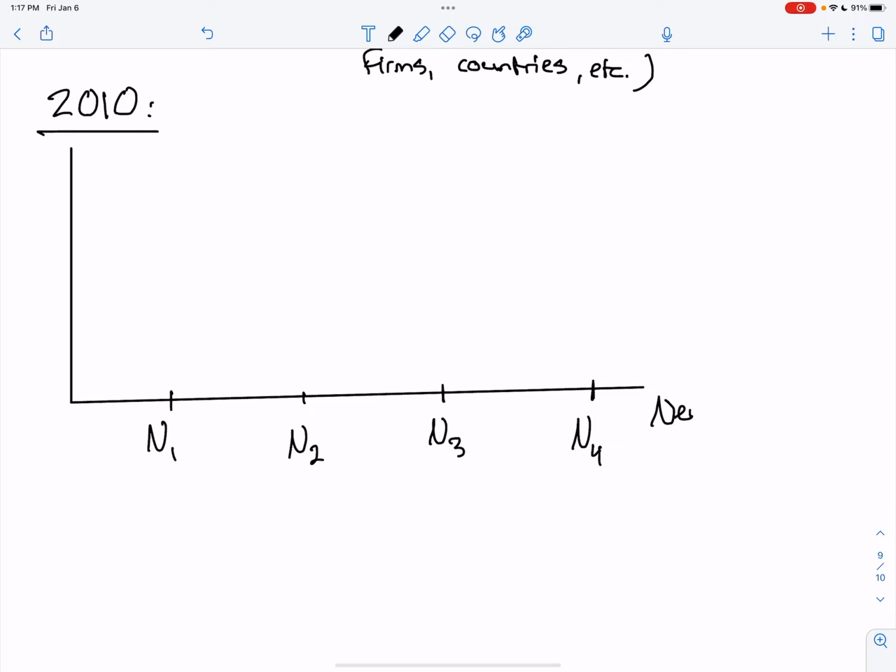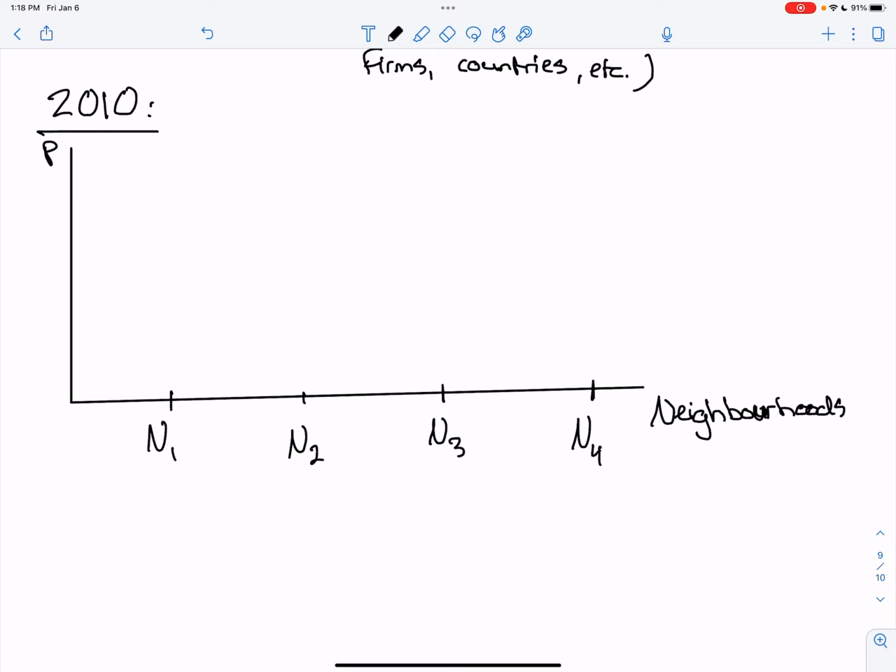Whoa, I am misspelling the word neighborhoods. I hope that is correct. Okay, neighborhoods. And then, of course, on the y-axis, we will just have price, or your average home price, right?